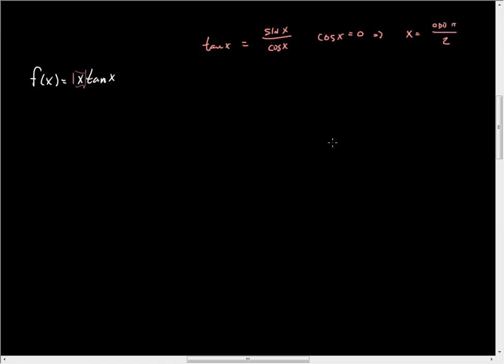This means 1 pi over 2, or 3 pi over 2, or negative pi over 2, or negative 3 pi over 2, because that's when cosine is 0, at 90 or 270 degrees. So these are all of our vertical asymptotes: x equals an odd number times pi over 2.